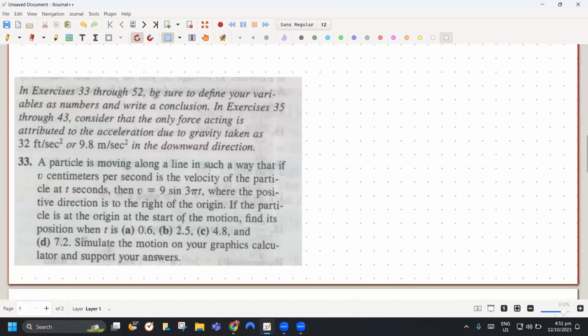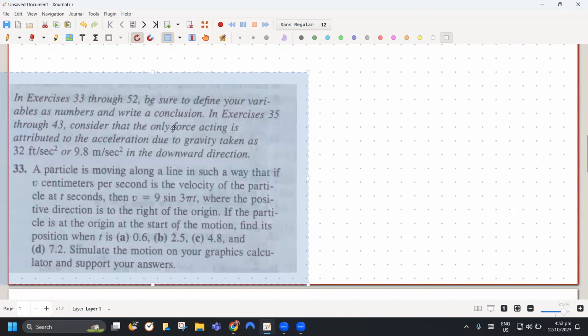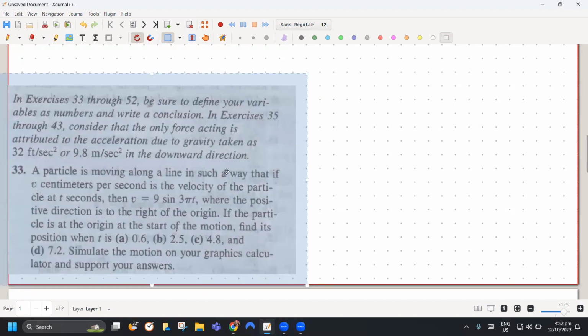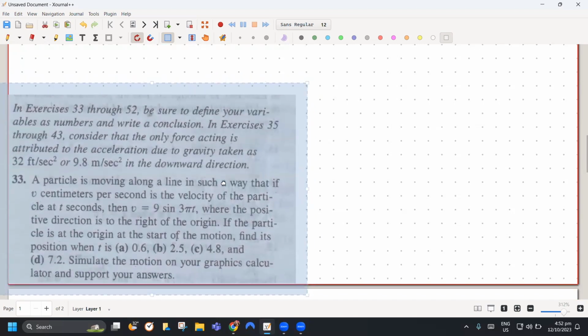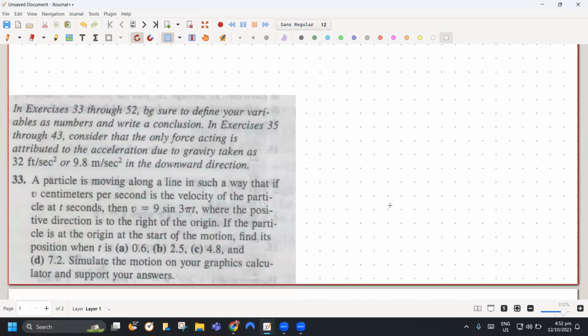The something of 32 to 50, 33 to 52, be sure to something. Write a conclusion. Times na yun. 0.6, 2.5. 4.8, 7.2. And 7.2. The motion in your graphics calculator.